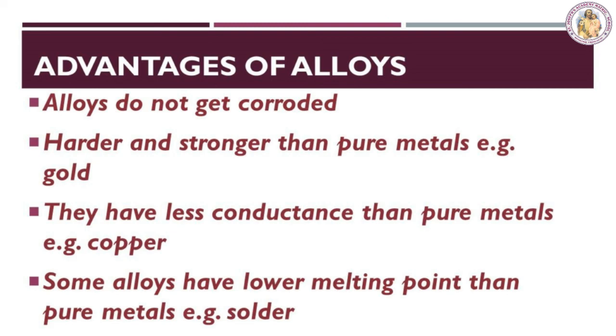Example, copper is a good conductor of heat and electricity, whereas brass and bronze are not good conductors. Some alloys have a lower melting point than pure metals. Example, solder is an alloy of lead and tin which has a lower melting point than each of the metals.